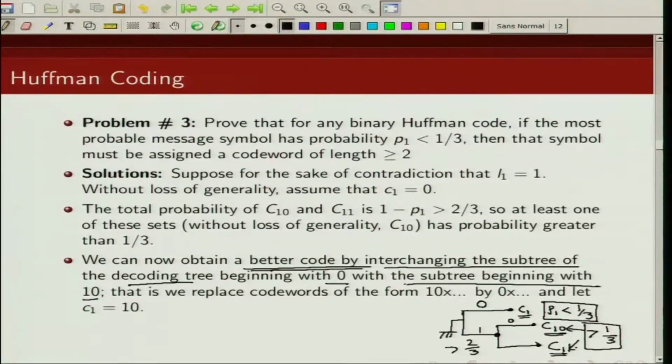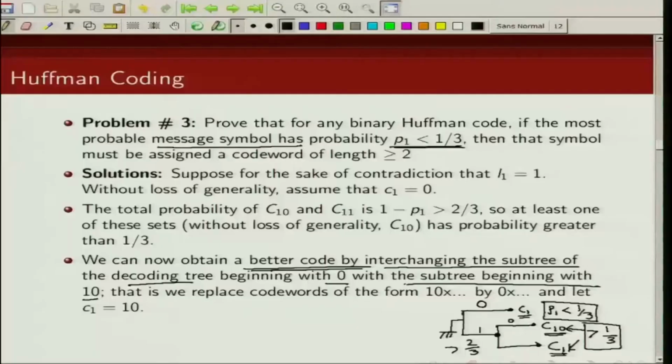So what we have shown is that if this most probable message symbol has probability less than 1/3, then we cannot assign it a code word of length 1, because we just saw that in that situation we can actually get a better code by interchanging C1 with either C10 or C11.